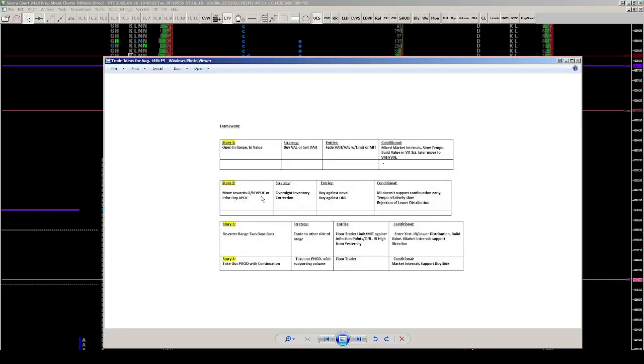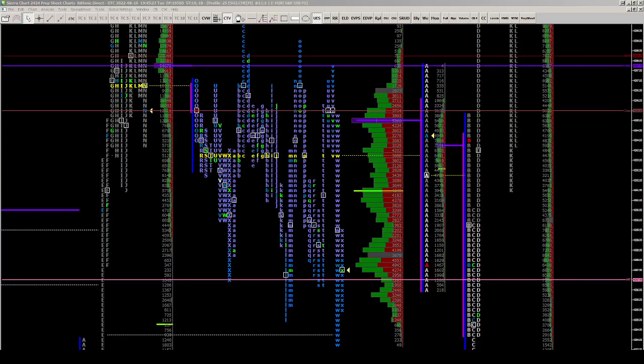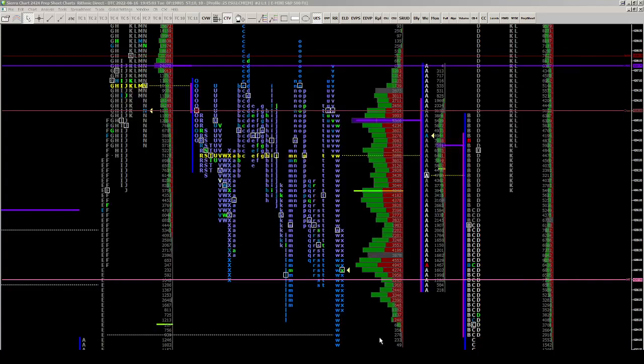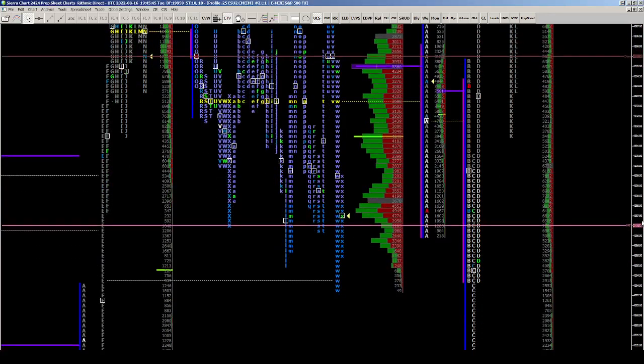Move towards the overnight VPOC. So I had a couple strategies here, or entries, how to get long. So buy against the overnight value area low, or buy against the overnight low. Well, we did not get, that was assuming we get down here and test the overnight, excuse me, I don't like that word test. Nobody's testing anything, okay?